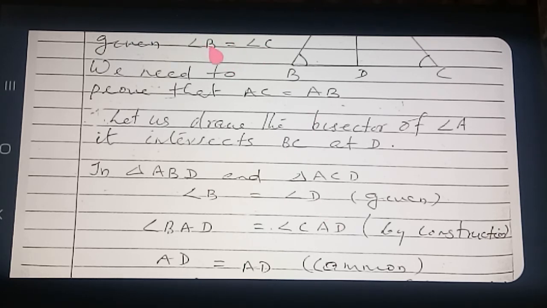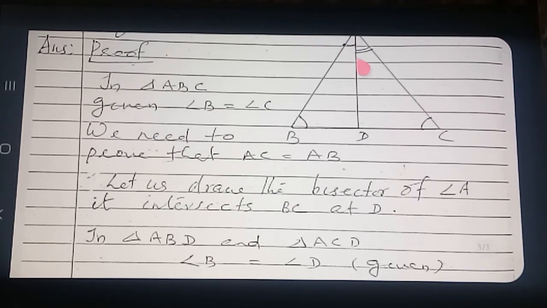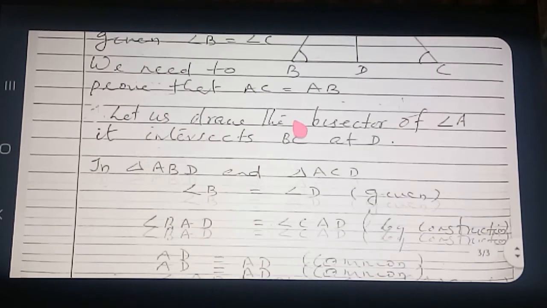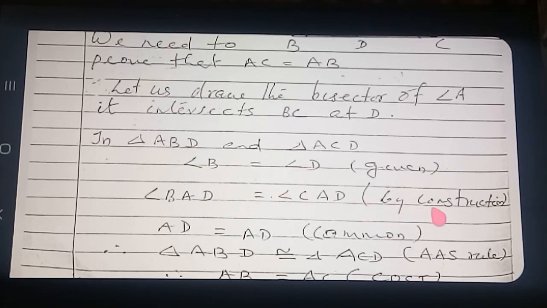See here, angle B equal to angle C. So here what you will do as correction? Only write angle C. Angle B equal to angle C, right. Okay. Now angle BAD and angle CAD are equal. What's the reason? By construction.